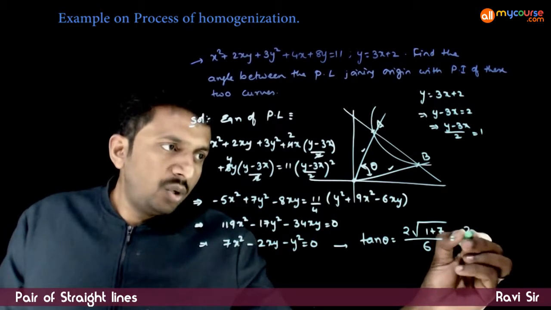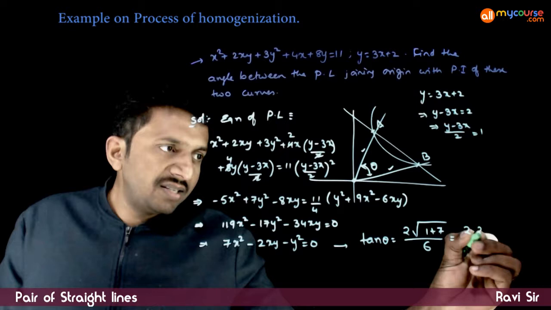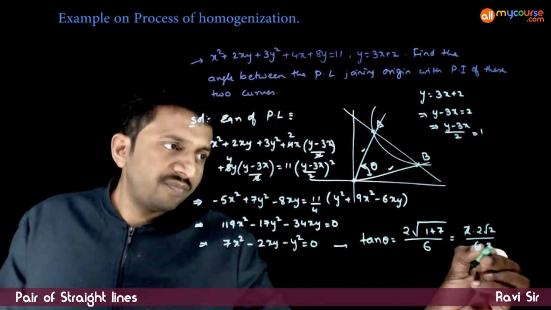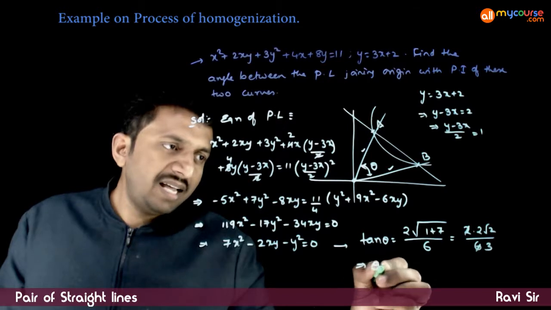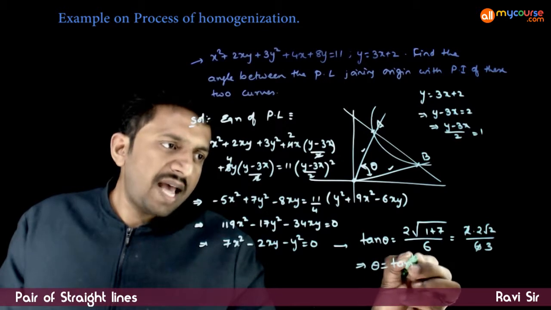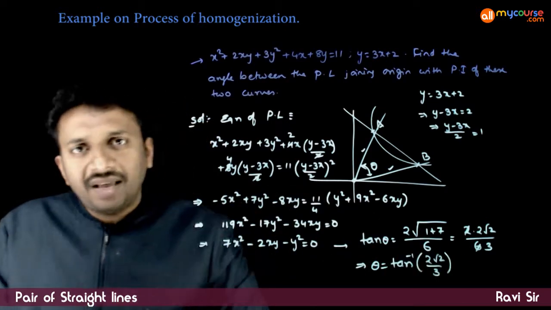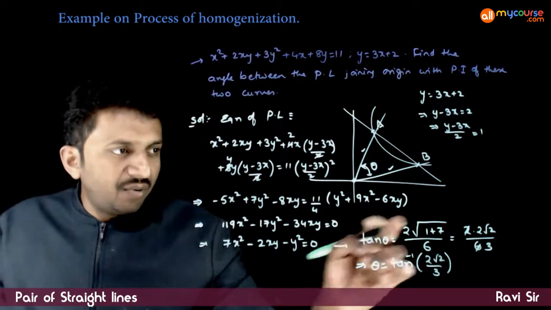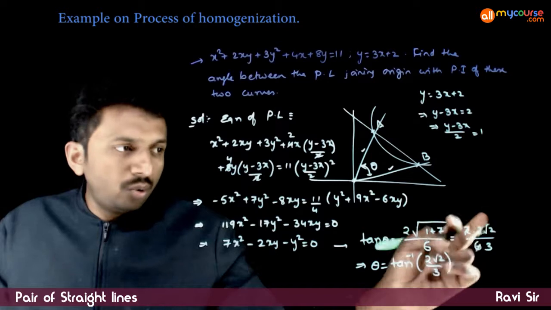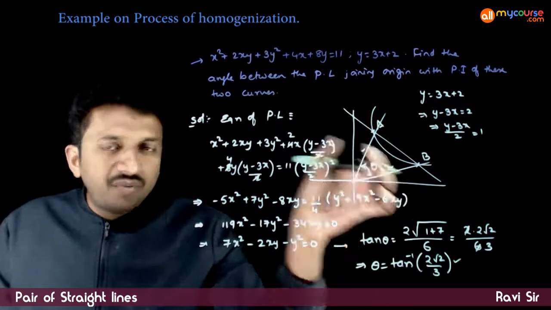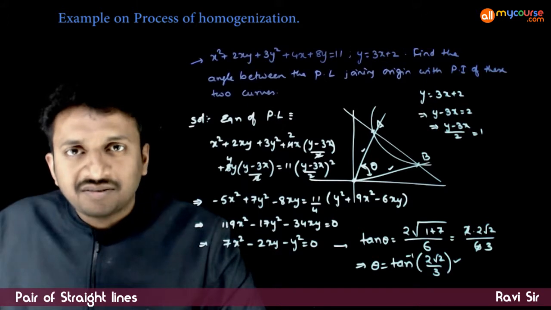That is 2 times root 8, which is 2 root 2 by 6. This implies theta is equal to tan inverse of 2 root 2 by 3. So this will be the angle between these pair of lines.